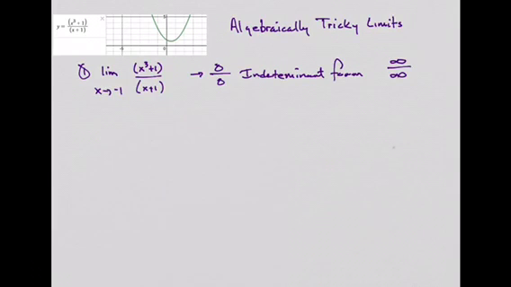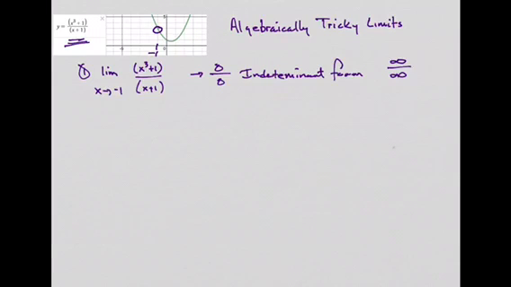Now, notice I have the function here in Desmos and I graphed it. This graph looks a lot like a parabola, and in fact, everywhere except at -1, it is a parabola.